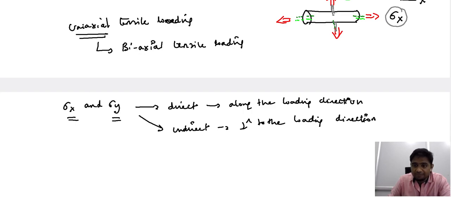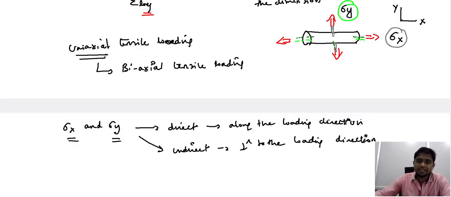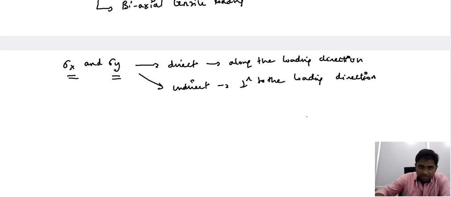Because of these differences in response, we need a way to describe them. We have direct responses and indirect responses, so to make these distinctions we need a unique way of describing them. Even though we use the same term epsilon, the number of subscripts will increase.